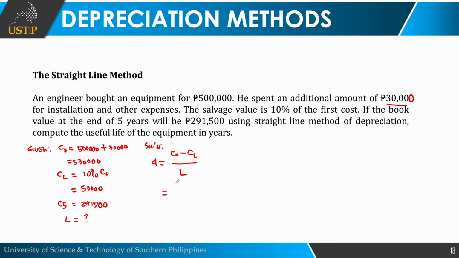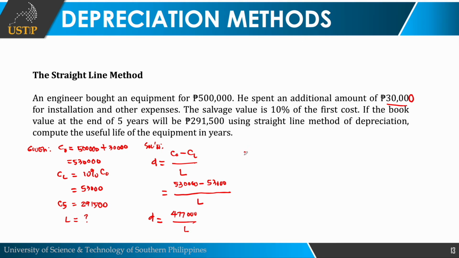Okay, so that is original cost man. So 530,000 minus 53,000 over L. Wala pa tayo tagag L, so retain na nato ang variable L dira. So we have an annual depreciation cost of 477,000 over L.